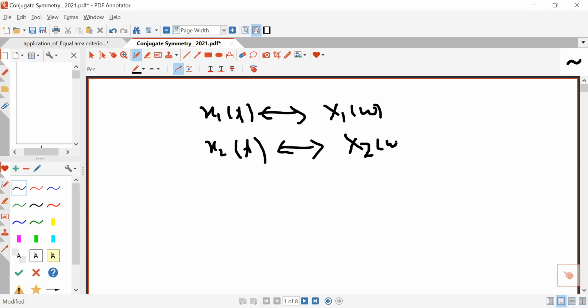Then, by using the multiplication property of the Fourier transform, you can determine the Fourier transform of the signal which is the multiplication or product of x1(t) and x2(t).